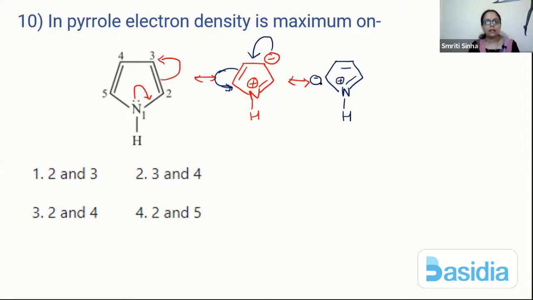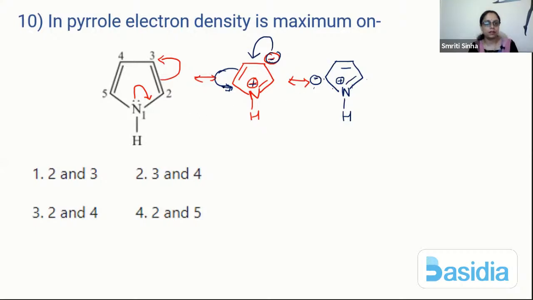Now in the next one, you can shift this negative charge here. What is happening actually? If you move the negative charge here, this negative charge is away from the positive charge, and hence the stability is more. But in this structure, the stability is less, because these two opposite charges are beside each other.